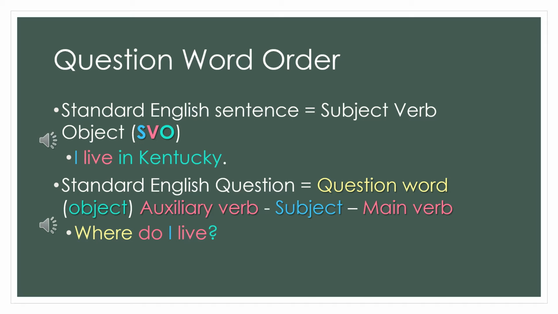In English, a question starts usually with a question word and then has an auxiliary verb, then the subject and the main verb. Where do I live?